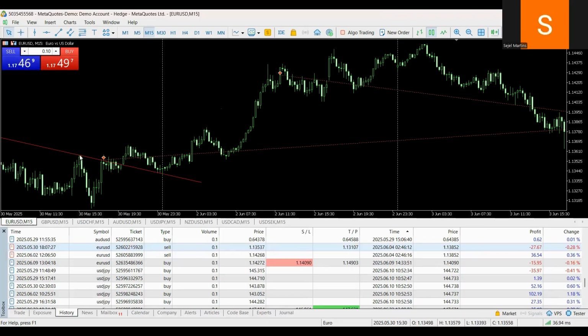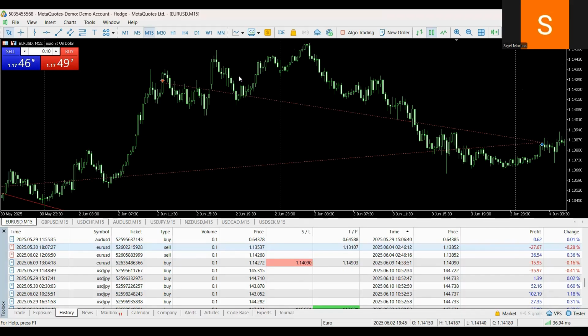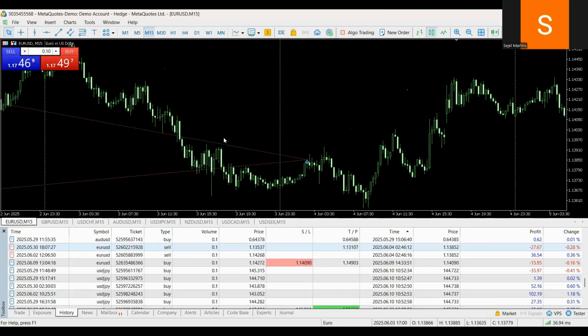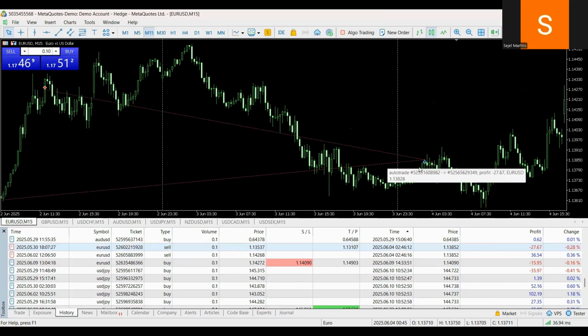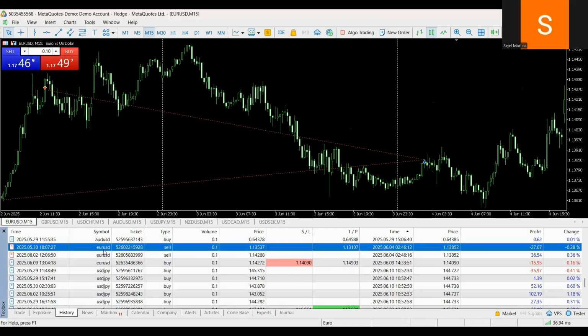So instead I took a sell over here. Then I felt like the market would be reversing over here. I took another sell. Then we dollar cost averaged the trade, and then yeah, that's it. That's it on Euro USD.